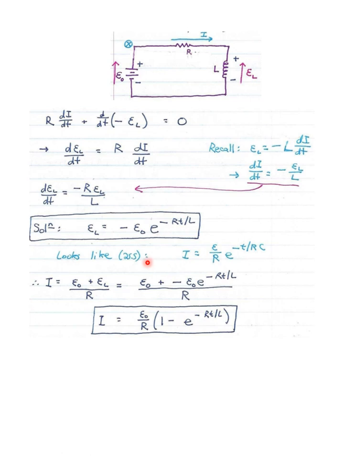So the current is voltage naught plus negative voltage naught e to the negative Rt over L divided by R. Let's simplify that a little bit. Let's factor out the voltage naught or E naught over R, and we get this upside down exponential decay.